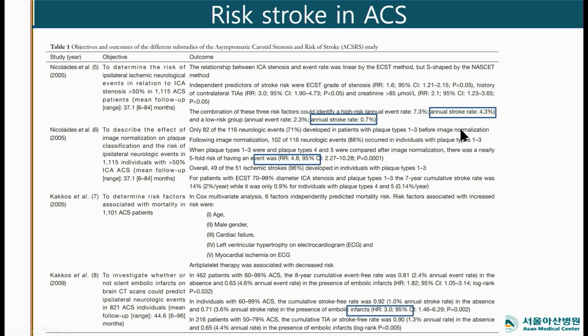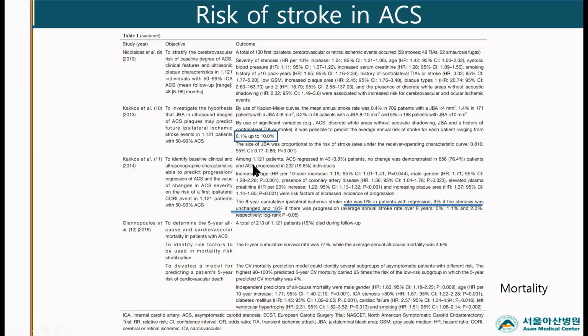However, if there is a high risk feature, which I'll mention in the following lecture, the stroke risk goes up to about 4 to 5%. So the risk of infarction can be increased up to several times higher in those who have a high risk plaque in the carotid artery.